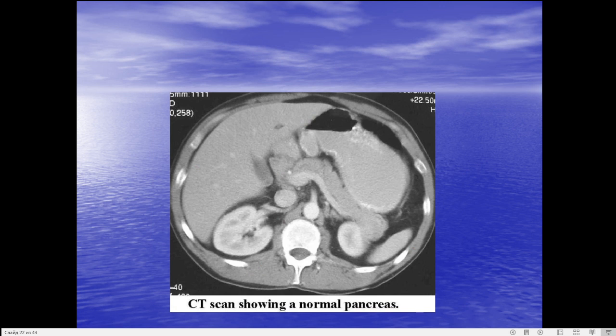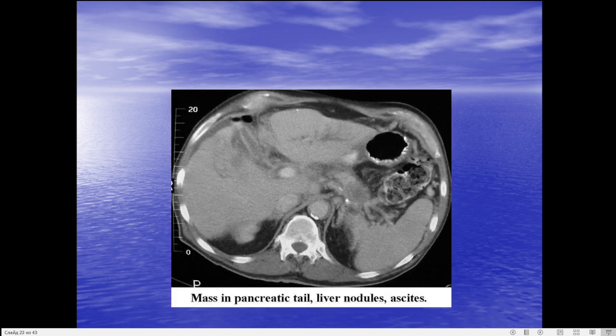CT scan showing a normal pancreas. Mass in the pancreatic head, liver nodules, ascites.